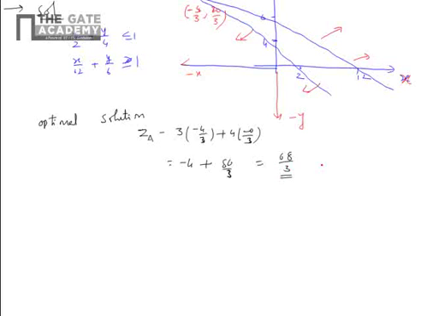This is the optimal value for the optimal solution. In practice there won't be any negative values. And only if the problem gives unrestricted, then we have to do it this way.